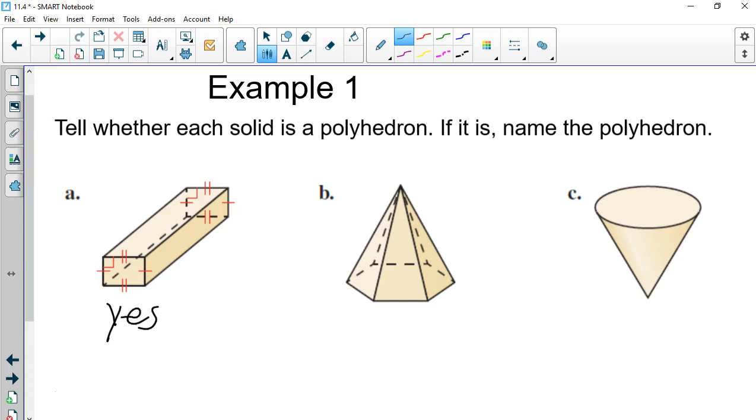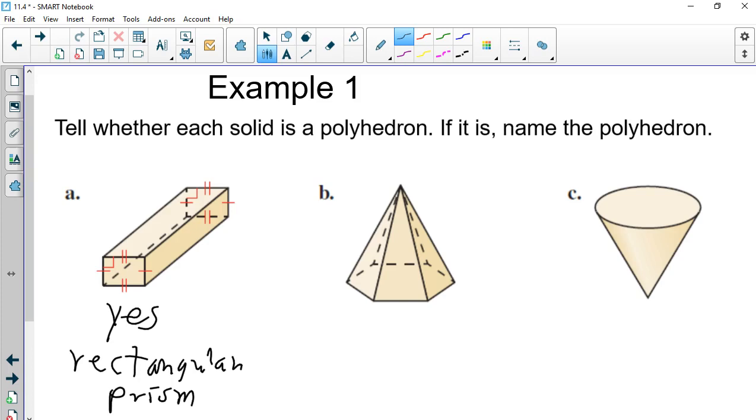And technically it is a rectangular prism, because the ends are squares or rectangles, and the sides are all rectangles. So since everything making it is a polygon, it is a polyhedron.